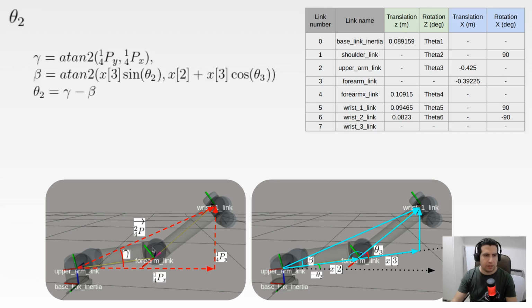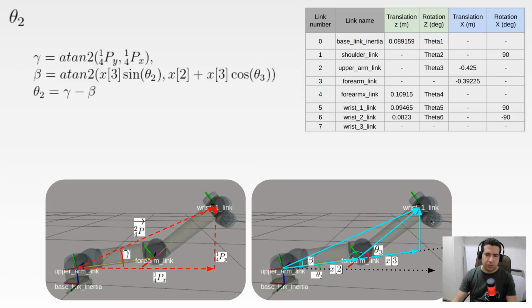That's the arctangent of the opposite side, that's the y component of this point, or the frame 4 with respect to the frame 1, over the x component of the frame 4 with respect to the frame 1, and also this beta angle.